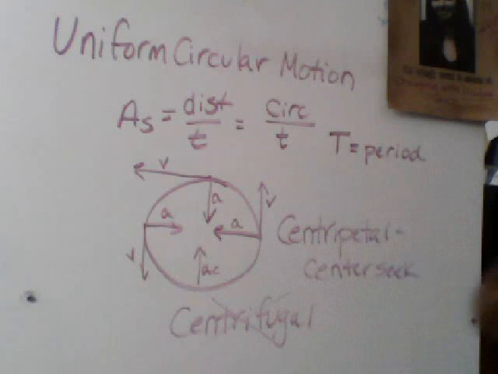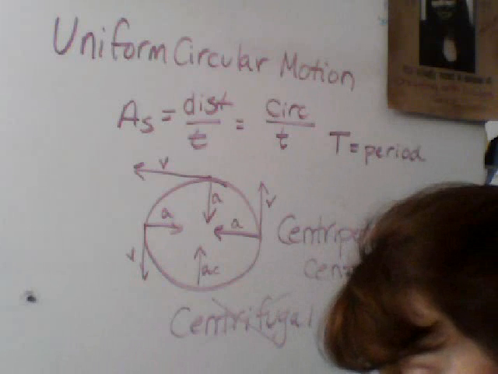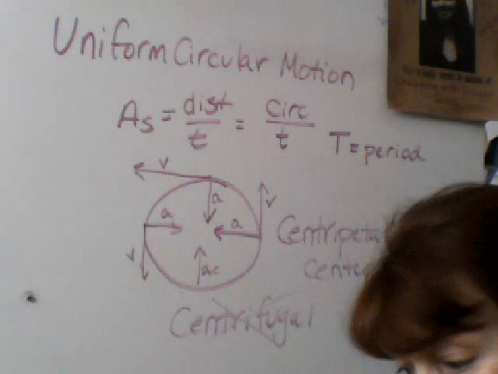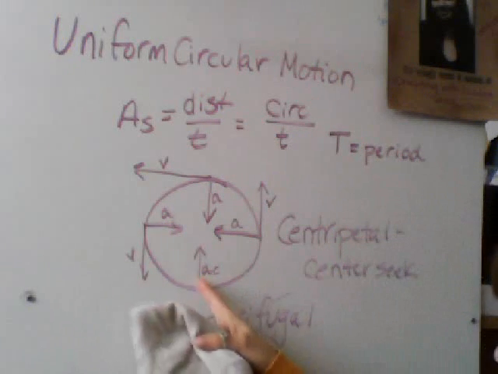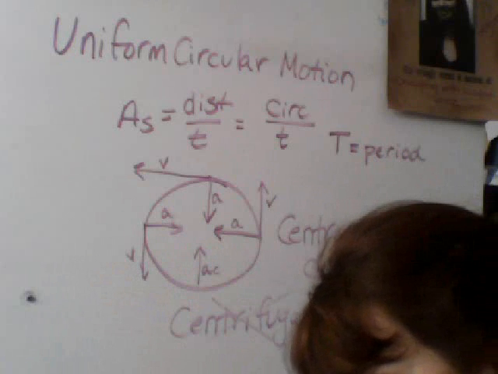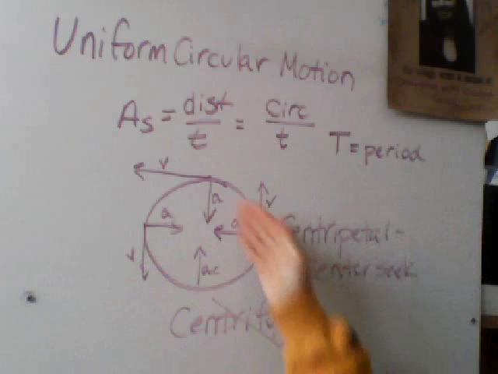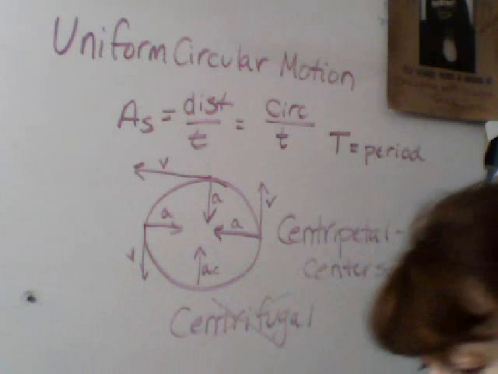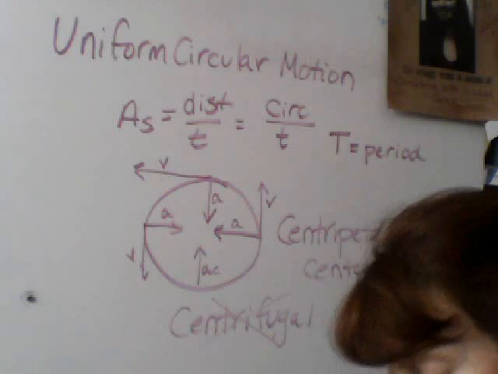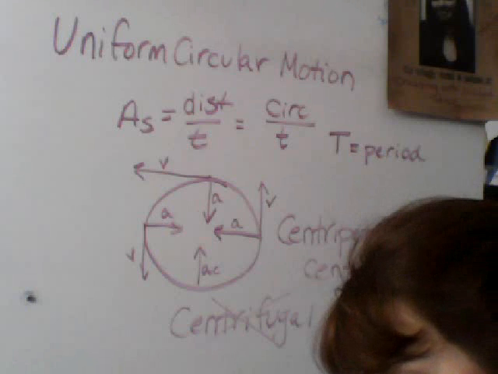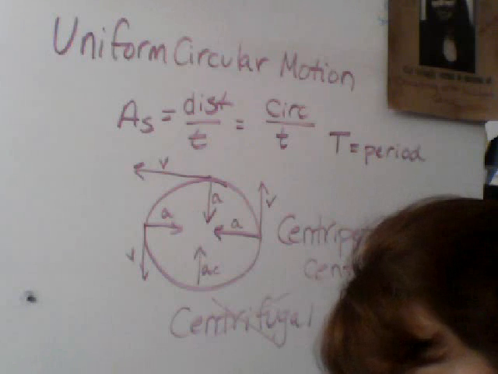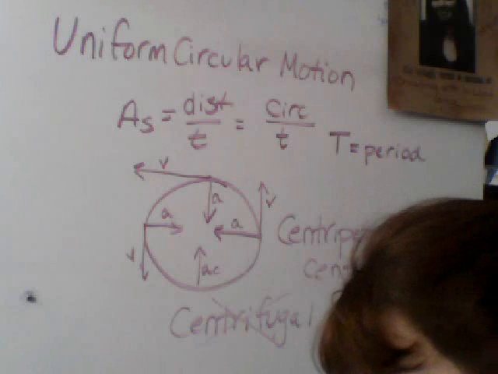Okay, so if we have an object moving in a circle, it's experiencing an acceleration. We already said that the acceleration is going inward due to the change in velocity, because something is always causing the object to go in a circular motion as opposed to a straight line that it would naturally want to go into, and that's known as the centripetal force requirement.